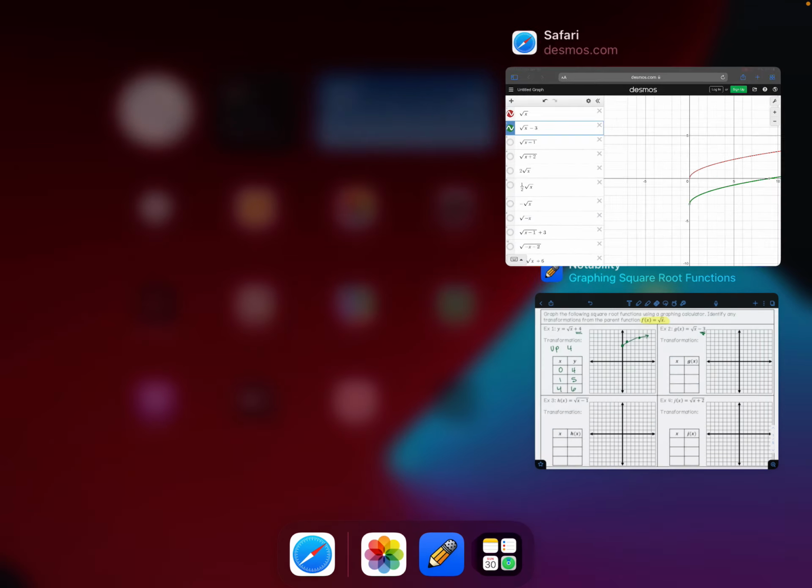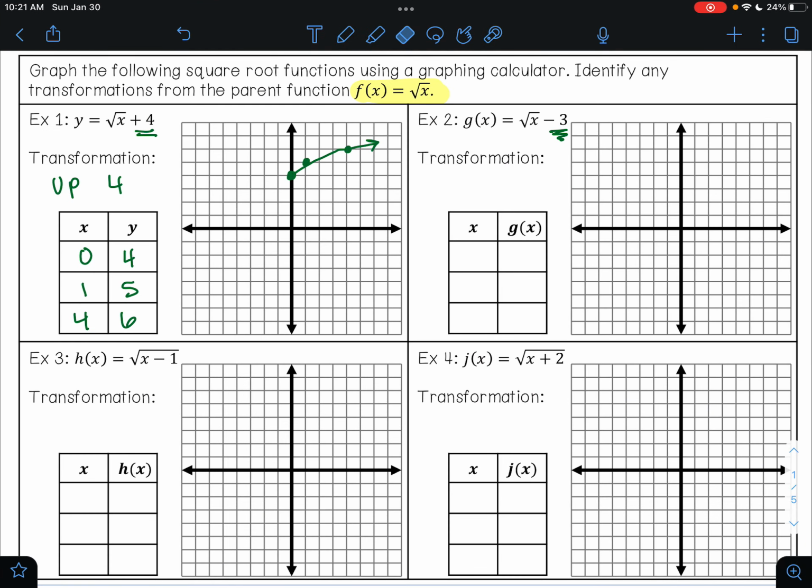And so if we go back over to our notes, this is a transformation of down 3 units. And those first 3 points were 0, negative 3, 1, negative 2, and 4, negative 1. And so this one looks like this.